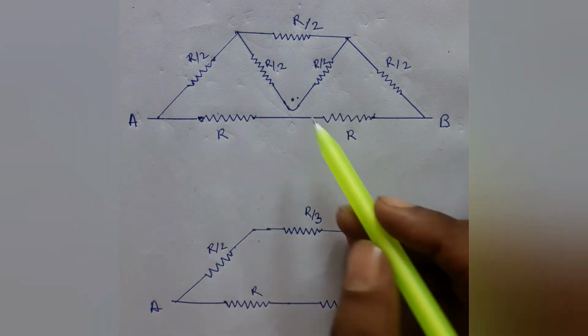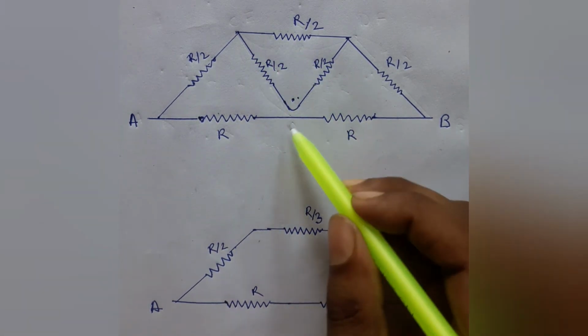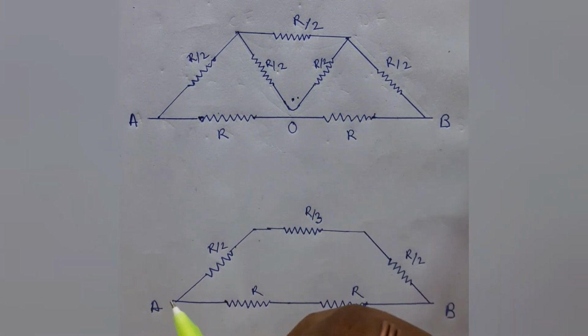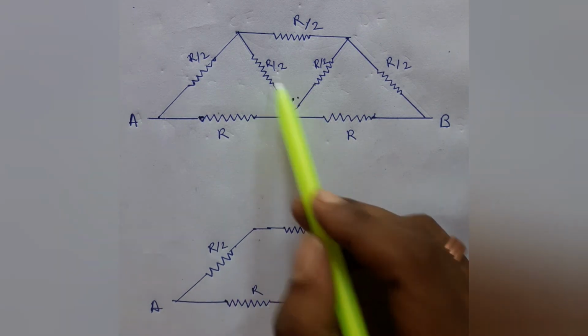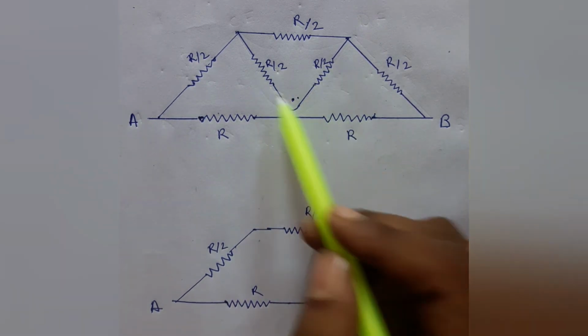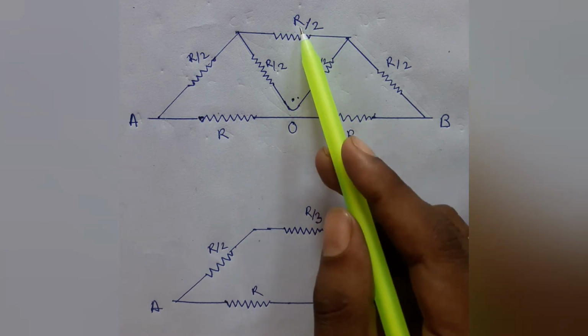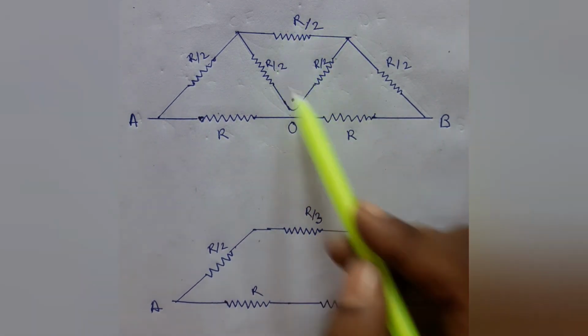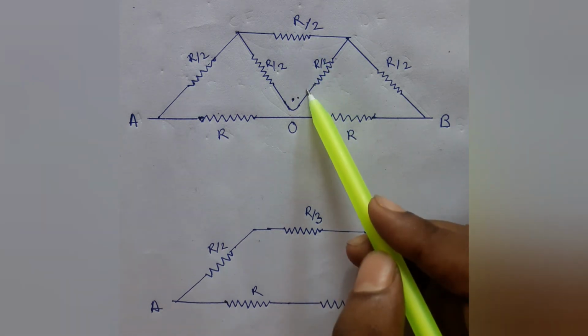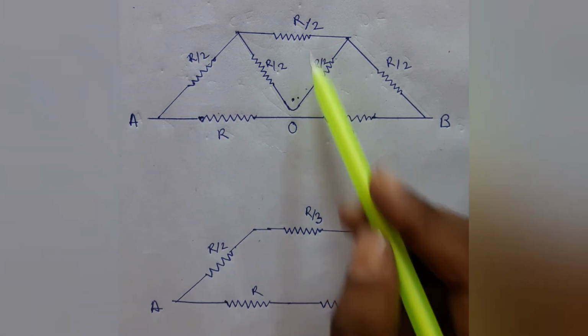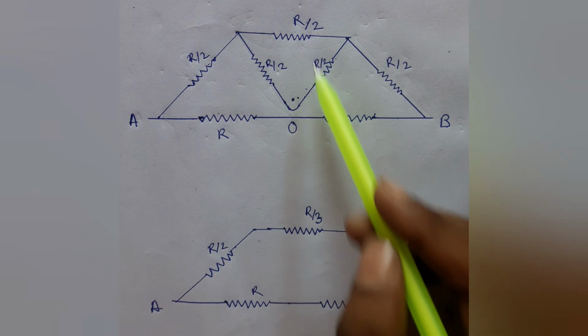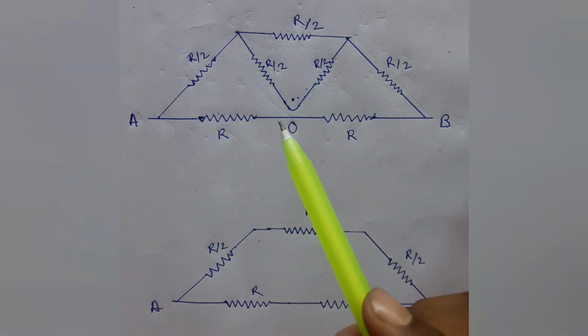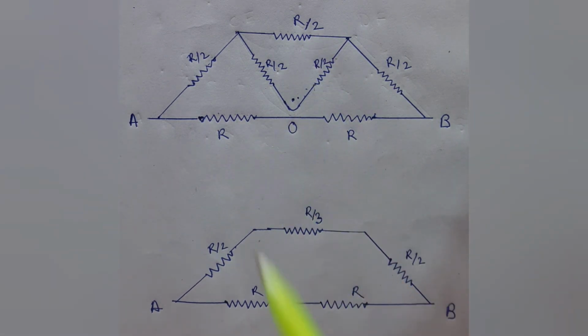Here we just separated this branch from the point O. Then we see that this R by 2 and R by 2 are in series, and this gives R, and this R by 2 is in parallel with this R, and for this parallel combination the equivalent resistance is R by 3.